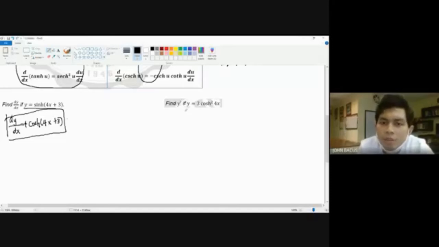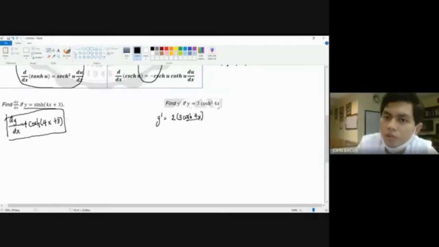Next, find y prime if y is equal to 3 cos h squared 4x. This is chain rule, so y prime is equivalent to 2 multiplied by 3 cos h, 2 minus 1 is 1, so 4x. Then the derivative of cos h 4x.